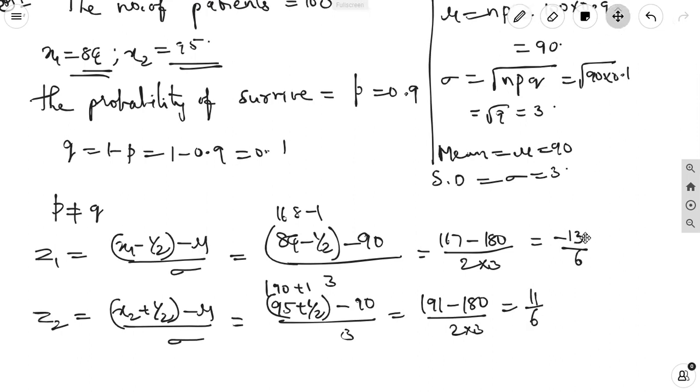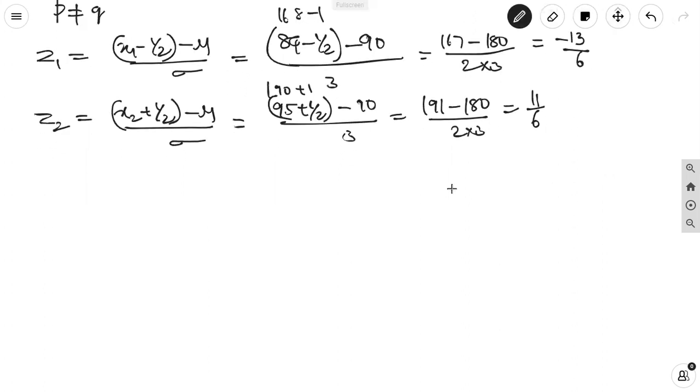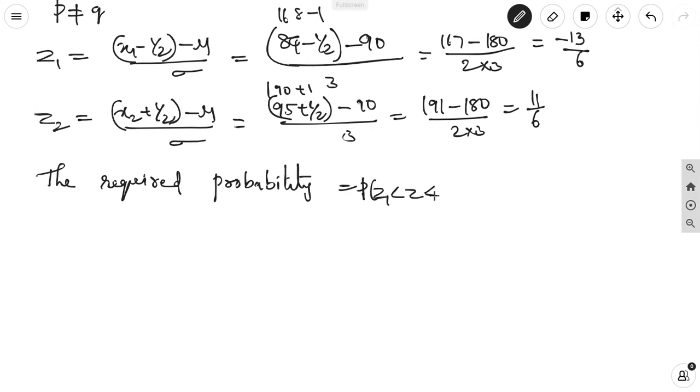Now we can calculate the required probability, which is equal to P of Z1 less than Z less than Z2, that is minus 13 by 6 less than Z less than 11 by 6.